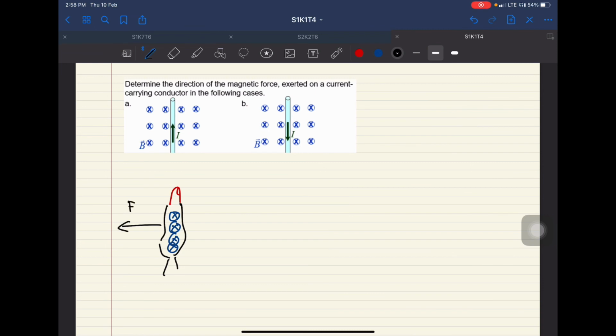So for A, the force is to the left. For B, it is a similar diagram, except now the thumb is pointing downwards. This is your magnetic field, so your force is now to the right.